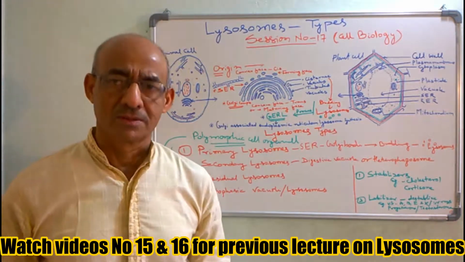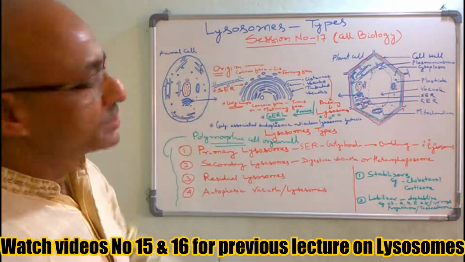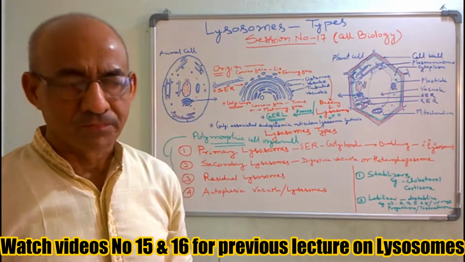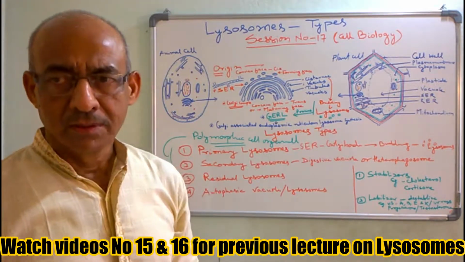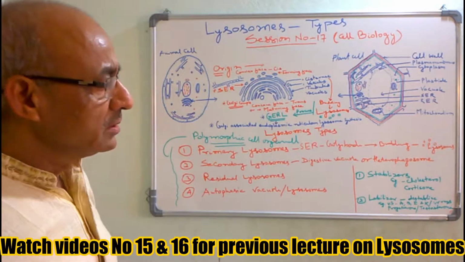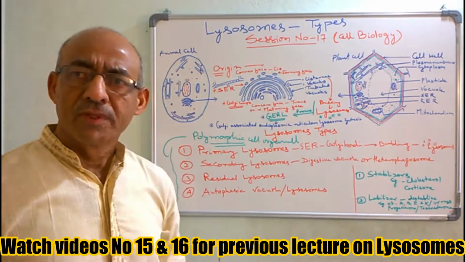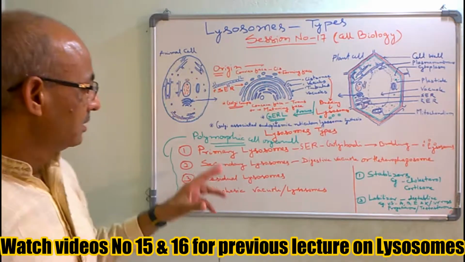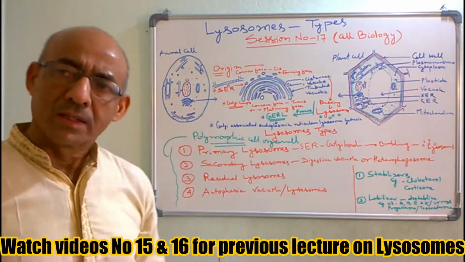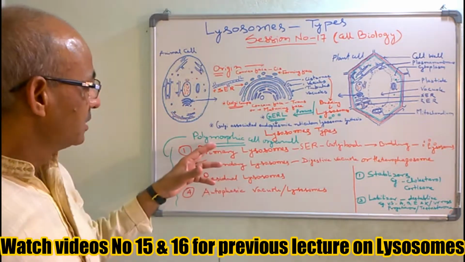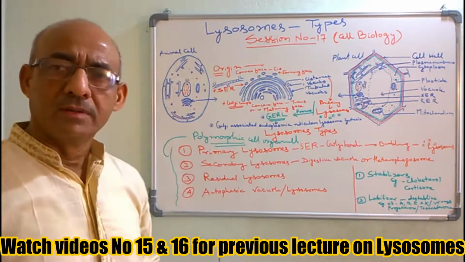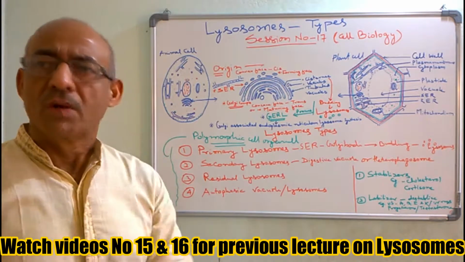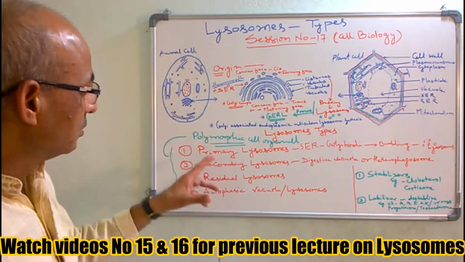Let us start with the types of lysosome. Actually, listen students, lysosome is a polymorphic cell organelle. You see this term, polymorphic. It is made up of two parts of the word.